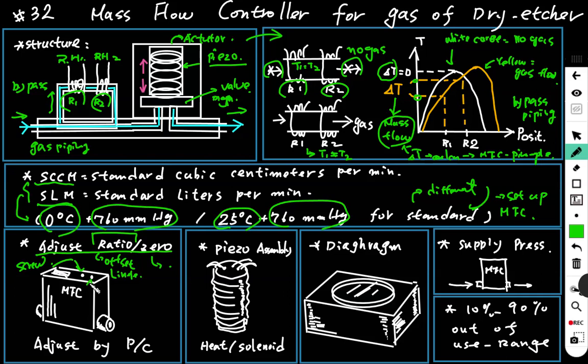This is the basic function. Adjust the 0 point or the ratio by the screw. Some complex MFCs can connect and adjust by a PC with the vendor's tool.